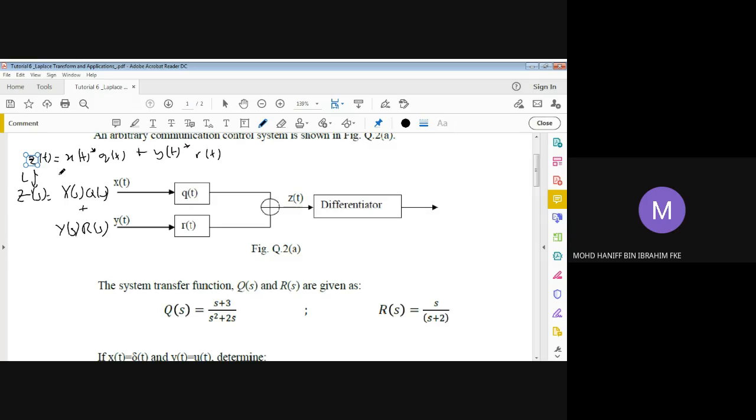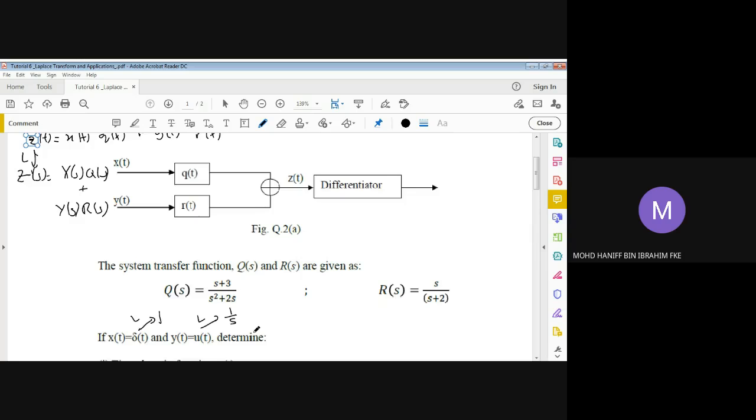Now we can substitute Q(s) and R(s) together with the transformations of x(t) and y(t) in the S domain. For x(t) of delta(t), in the S domain it is equal to 1, while for u(t) it is equal to 1 over s. This is based on what we have learned previously. You can refer to the table to confirm the transformations for the delta function and the step function.